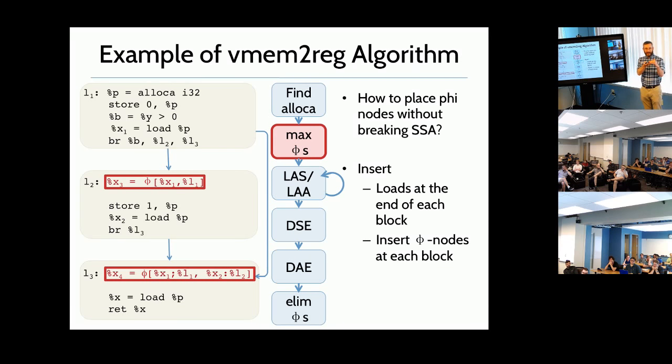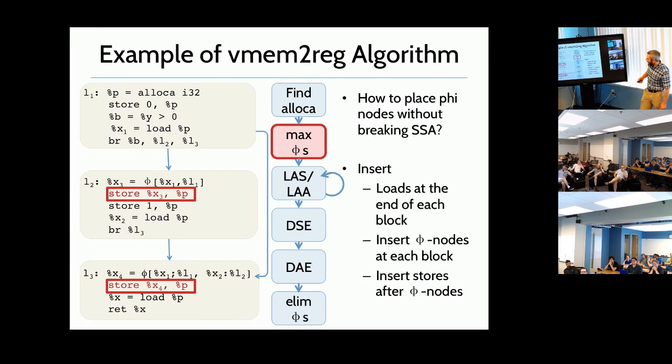And basically the idea is that this localizes variable scopes to blocks in a certain way. And we're going to eventually eliminate most of these phi nodes in a later optimization. And then after each phi node, we're going to insert these stores. So basically, we're loading the values that were allocated at the end of each block, putting a phi to record the fact that this edge was important, and then storing back into the original pointer that was allocated here.